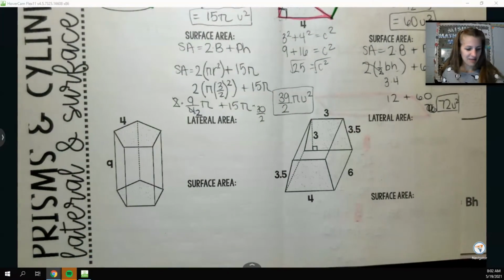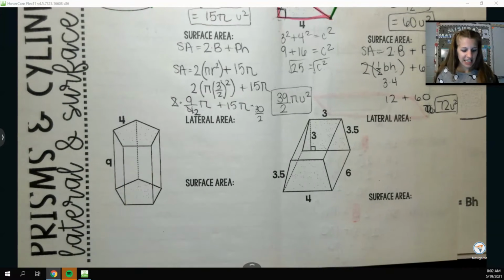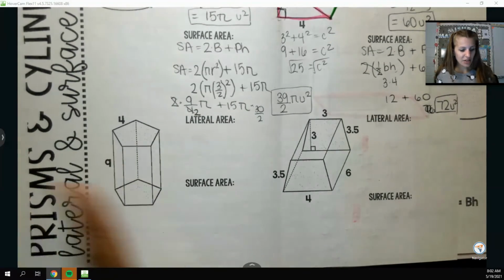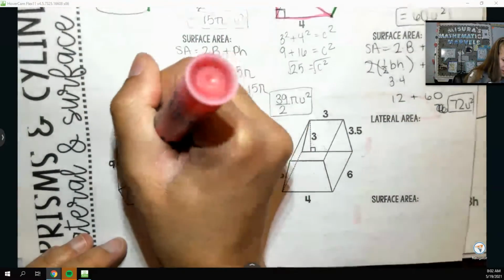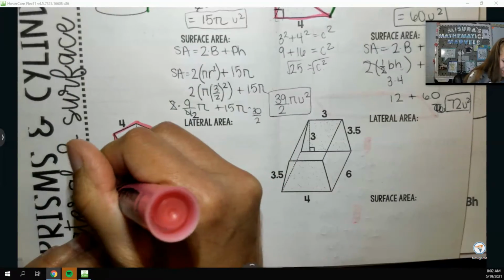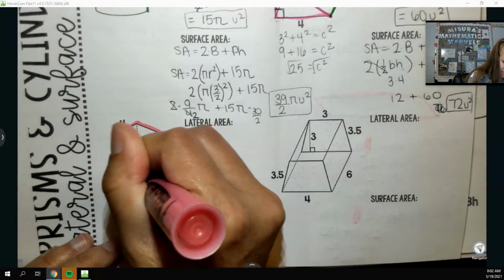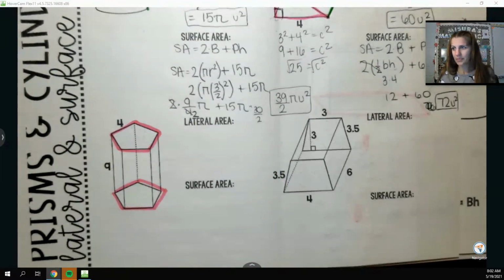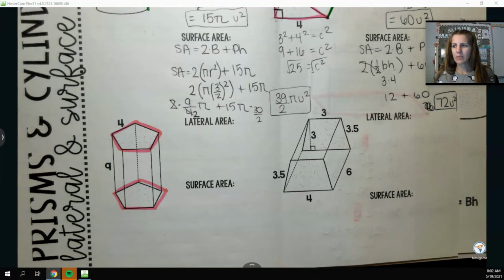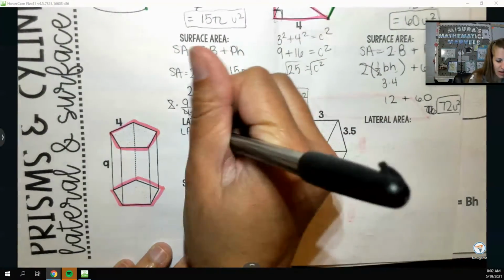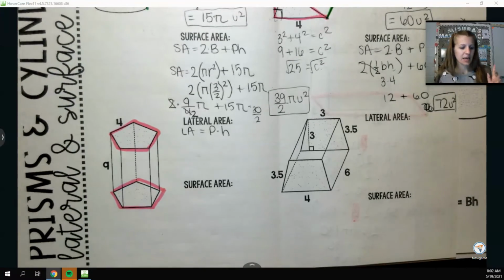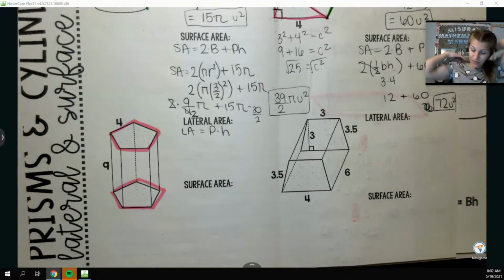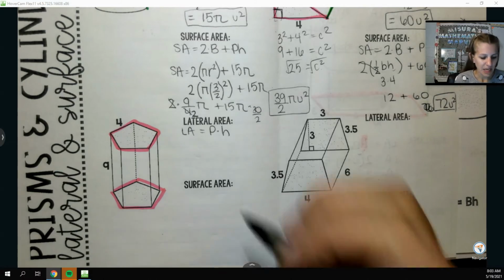Alrighty, moving on. Looking at this one right here, I can see rectangles all around, but only 2 pentagons. So the pentagon has to be my base shape. So if we want to find the lateral area, we're going to do perimeter times height. So perimeter of the base times the height from pentagon to pentagon, or height of the prism.